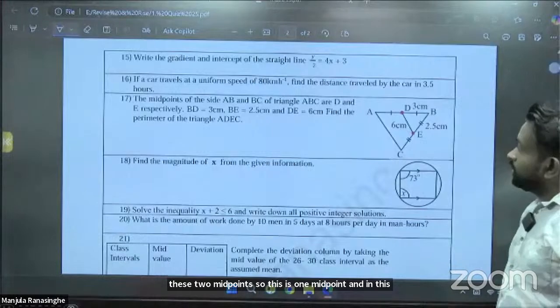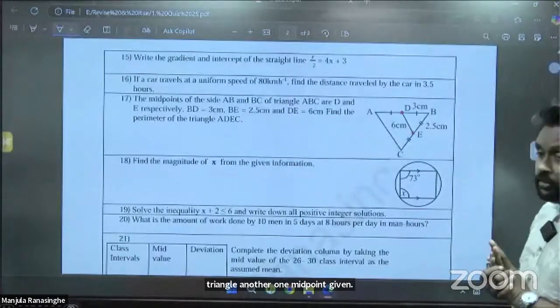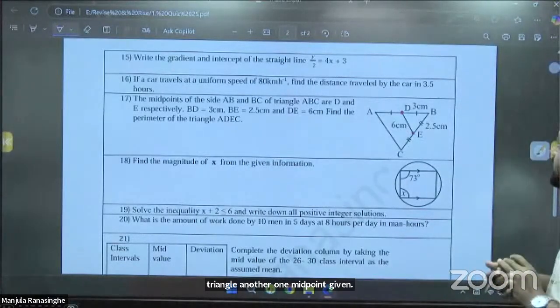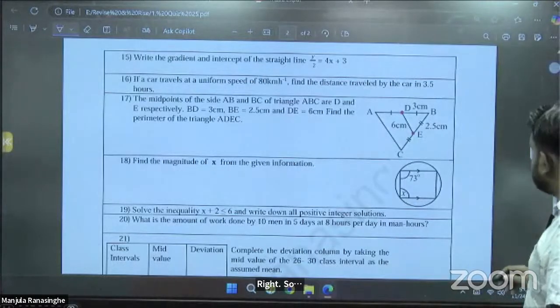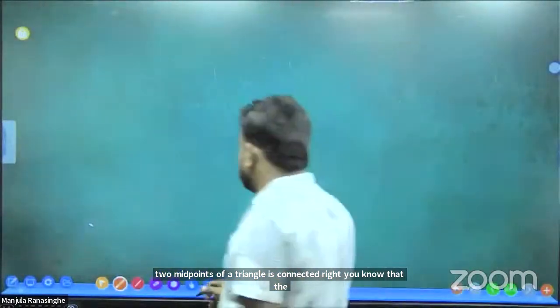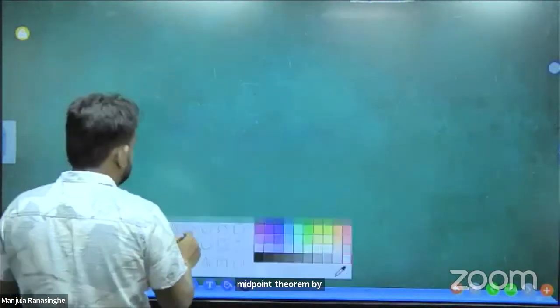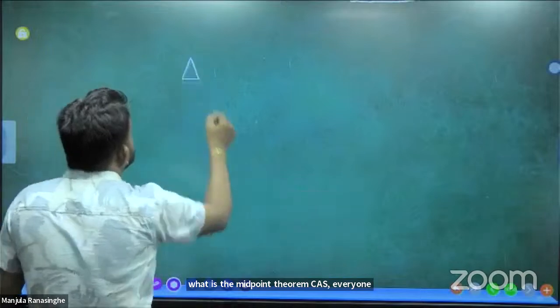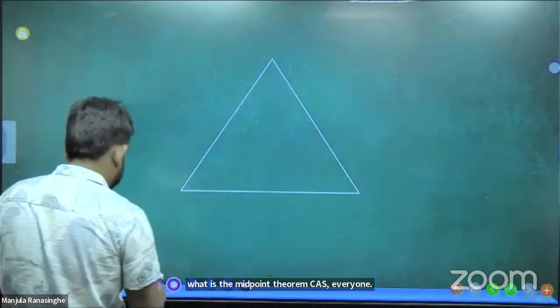When two midpoints of a triangle are connected, you know the midpoint theorem, right? What does the midpoint theorem say?